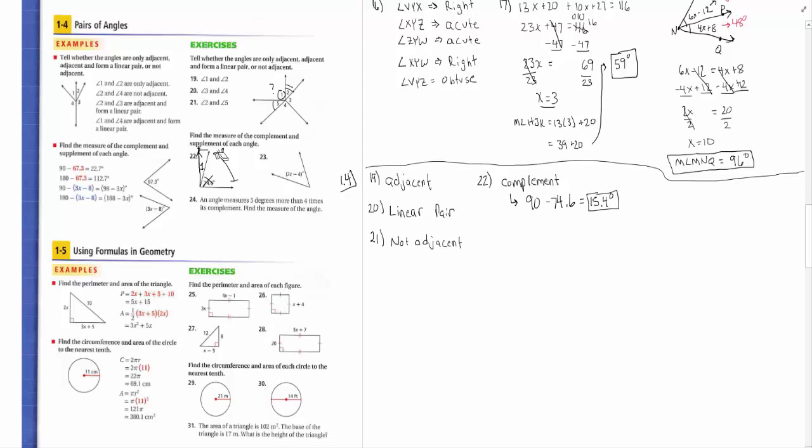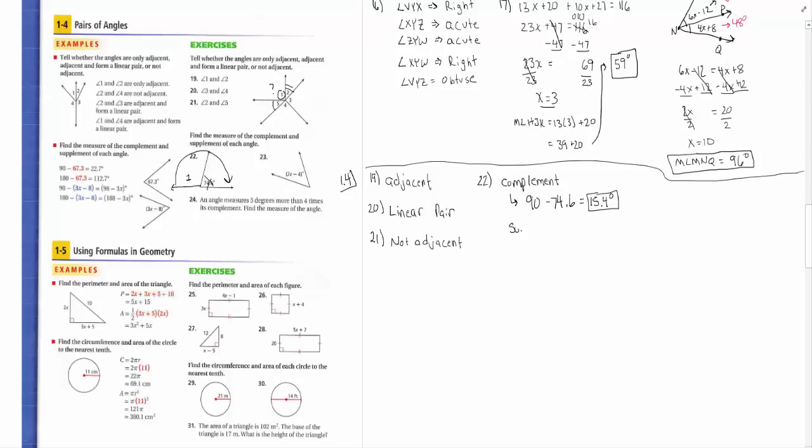Now we'd want to do the same thing for the supplement. You just have to look at it in another way. For the supplement, you'd assume this formed a straight line, and there's angle 1. Again, we've got this 180 degree angle. Take away the 74.6.